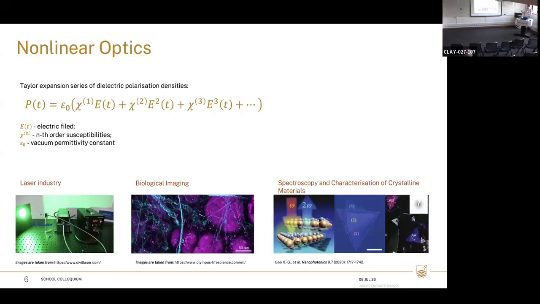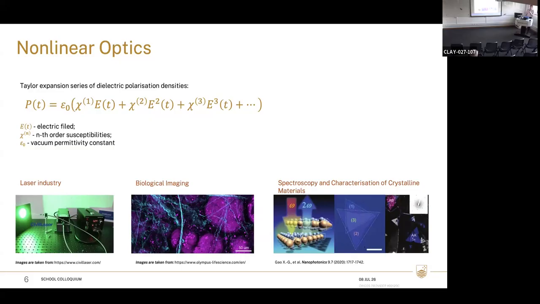However, if we have a powerful source such as a laser, then we get nonlinear terms like second order nonlinearity and third order nonlinearity. These are related to the nonlinear processes. One of the nonlinear processes is harmonic generation, and harmonic generation has many different applications.